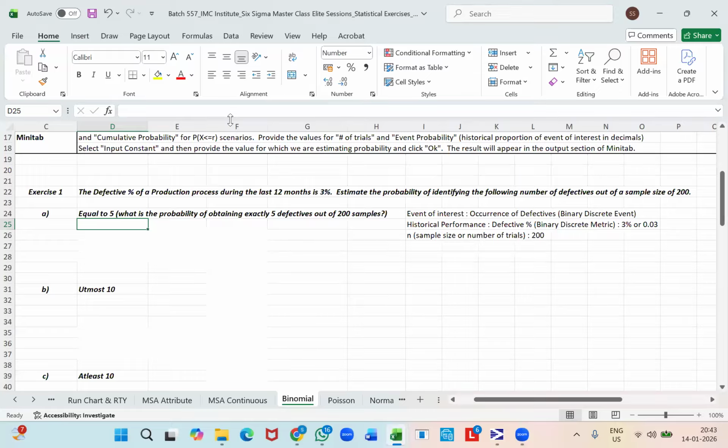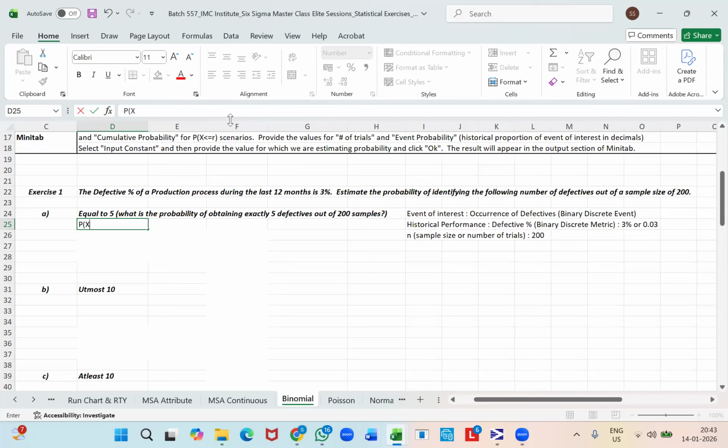So this we need to write in terms of a probability notation, which we all need to understand. It's very simple. When we write the probability notation for this question, we will start with capital P. Capital P stands for probability.